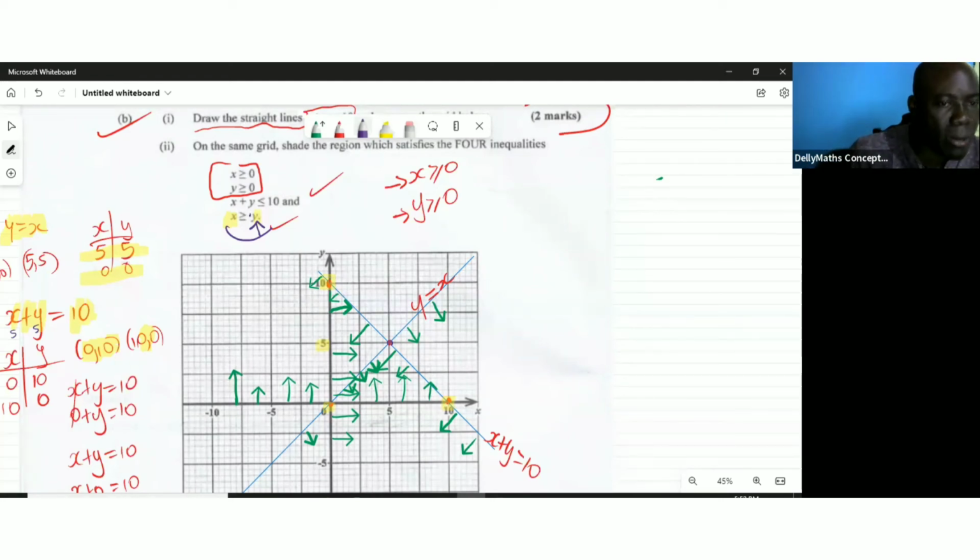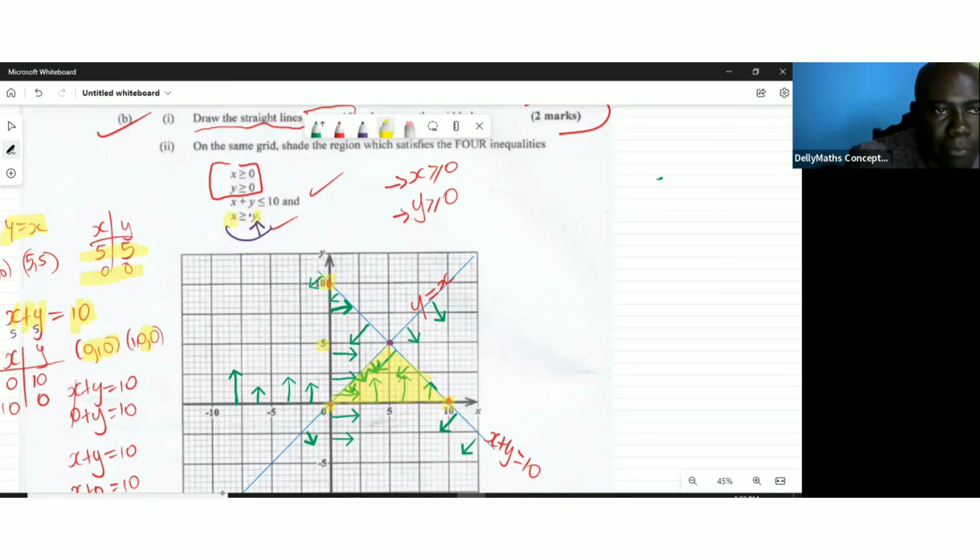If you really start looking now, you're going to realize that there is one region that everybody points towards. I'm going to put it in yellow. That is the region where everybody's pointing towards.